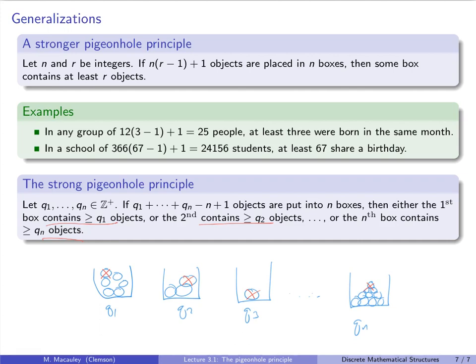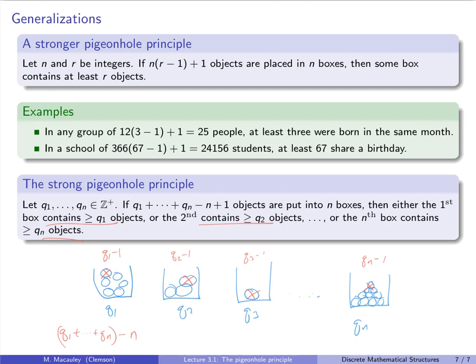Here we have q1 minus 1 balls, and that bucket is full, and we have q2 minus 1 balls, and q3 minus 1 balls, and qn minus 1 balls. So overall we have q1 plus all the way up to qn, minus n balls. This is the case where all of the buckets are completely full.